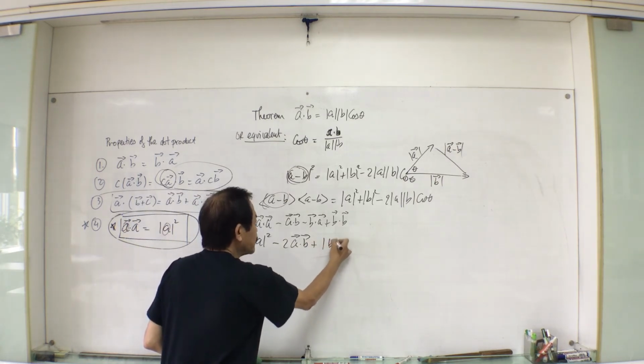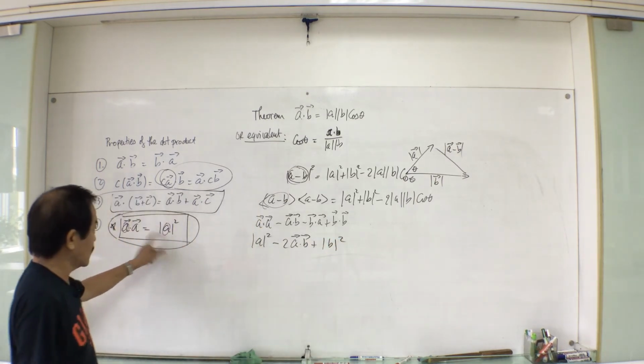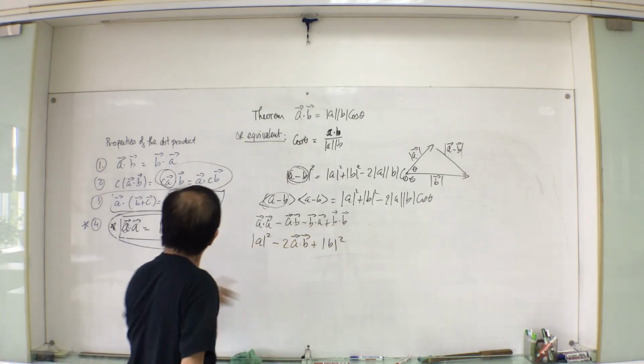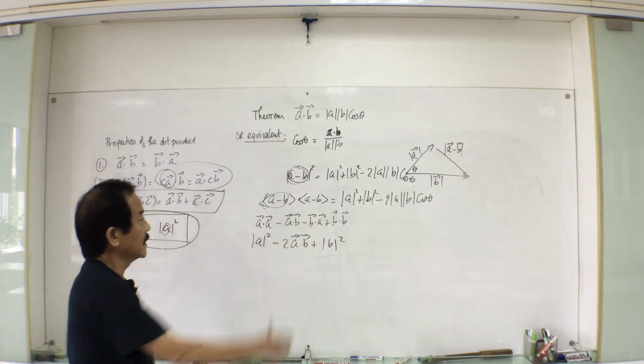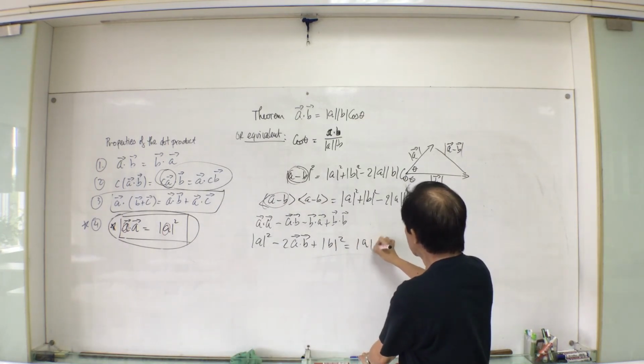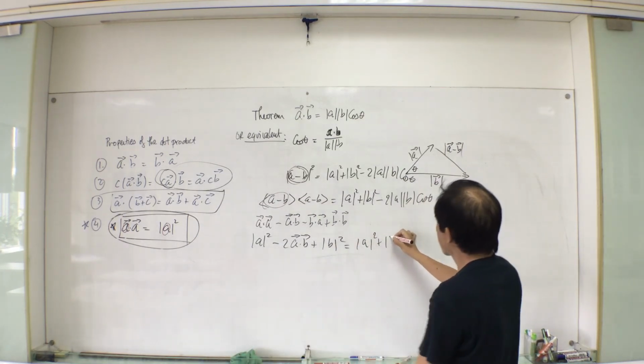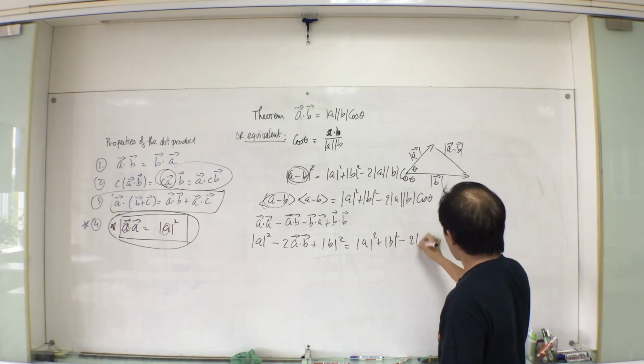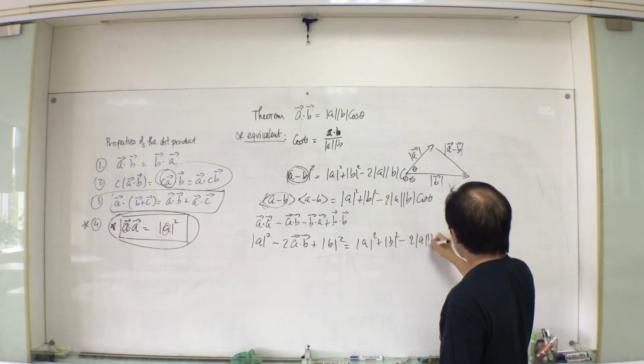Plus absolute B square, because B dot B equal absolute B square. The right side comes from the law of cosine: A square plus B square minus 2 times absolute A, absolute B cosine theta.